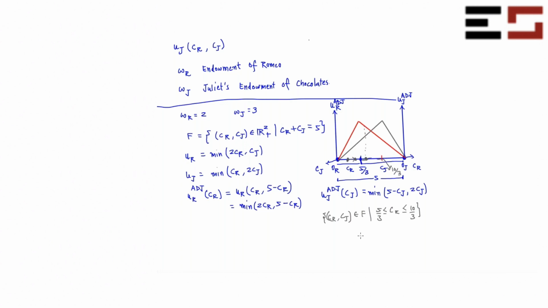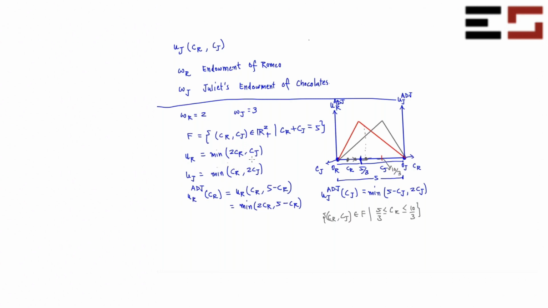Okay, by the way, there is another way to do this problem. This is one way in which you can just plot it and do it. The other way is, if you just let Romeo choose, these are the 5 chocolates, and you ask Romeo, what is the best division according to you.